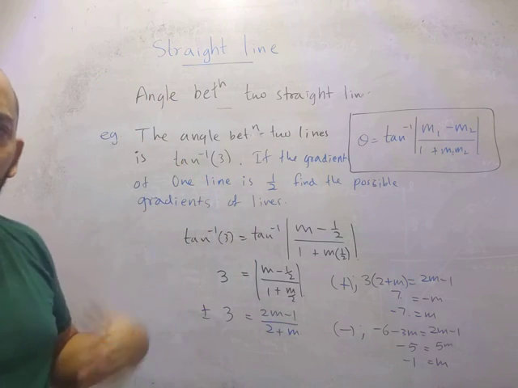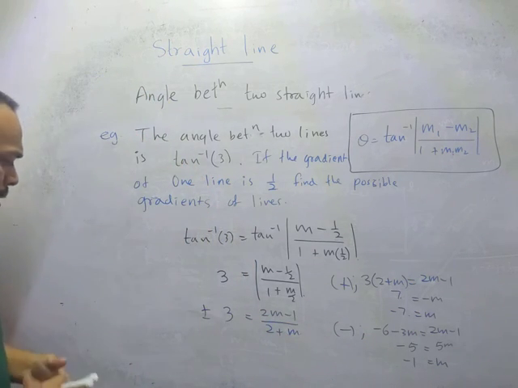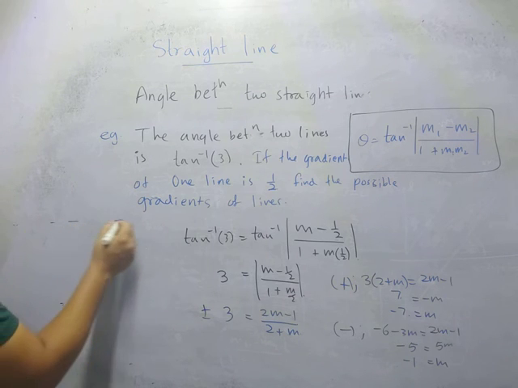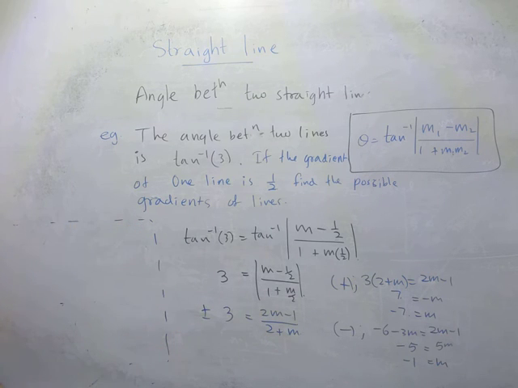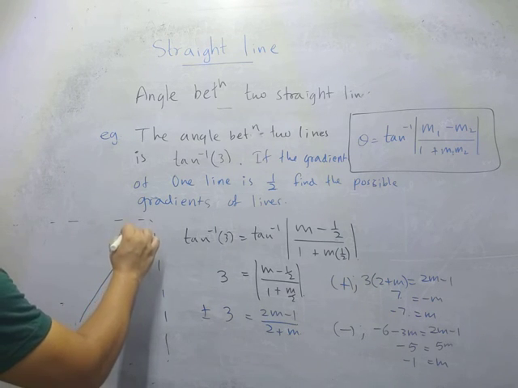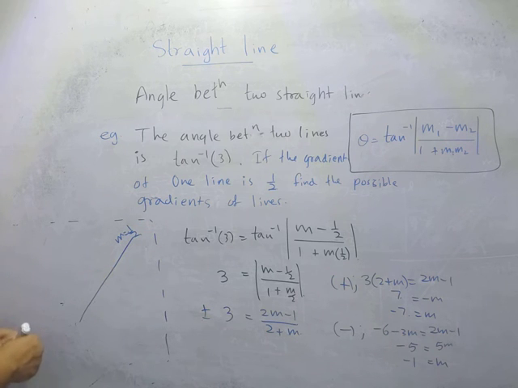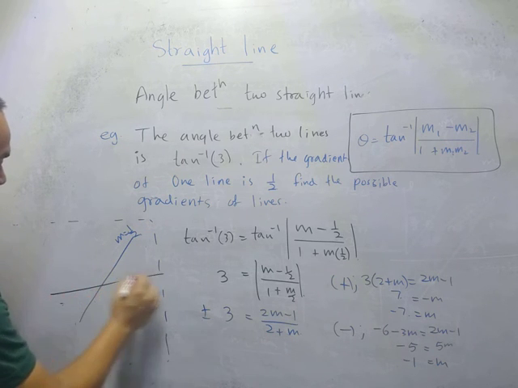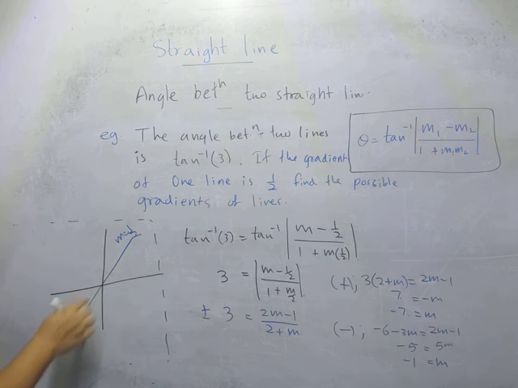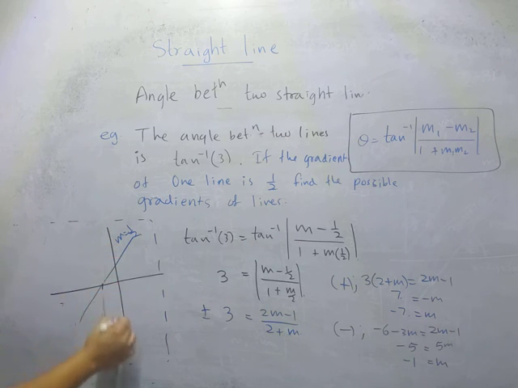So what does it mean? Why do we get two possibilities? Now here's the thing. Let me make a sketch of this. If you have a straight line with a defined gradient, let's say m equals half, then I can draw two lines. Maybe they may not go through the same points, it doesn't matter. Two lines with the same angle.